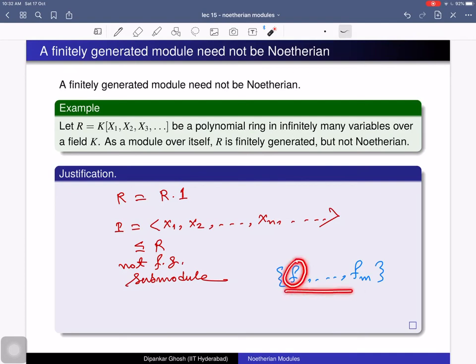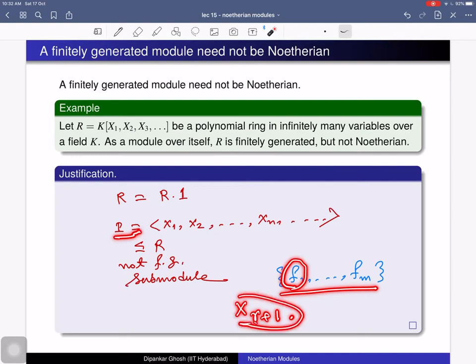So in the whole generating set, only finitely many variables are involved, let's say from x1 up to xr. Each polynomial is in this ideal, so its constant term is 0. So if you substitute x1 up to xr all equal to 0 in f1, then you will get 0.